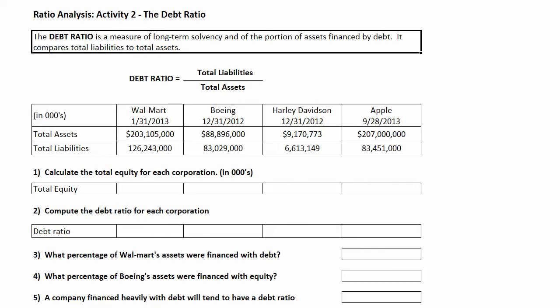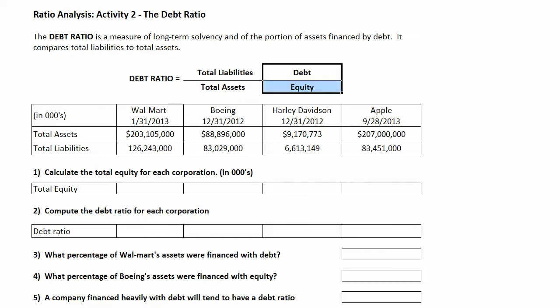A very similar ratio would be the debt-to-equity ratio or the asset-to-equity ratio. And we can see from our accounting equation that all of these essentially give us the same information, different numbers, but the same information. How much of our assets did we finance with debt versus how much did we finance with equity?